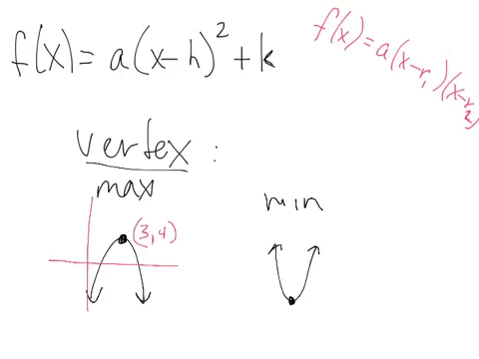The domain is all real numbers, because this goes on forever, left and right. But it doesn't go any higher than what value? 4. So the range is y is less than or equal to 4. Very good.